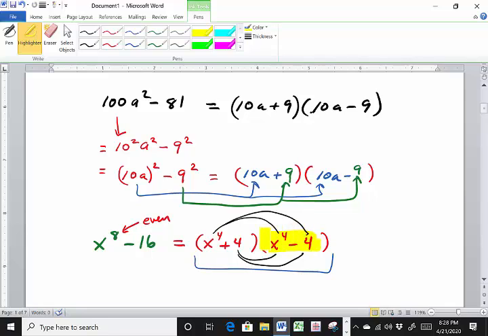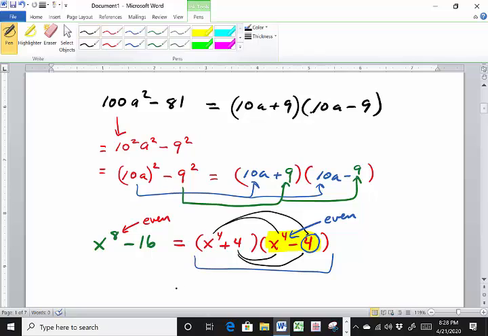we also have the difference of two squares again. This is an even exponent, okay? So we can take half of that, that's x squared, and then we also know that 4 is also a perfect square.